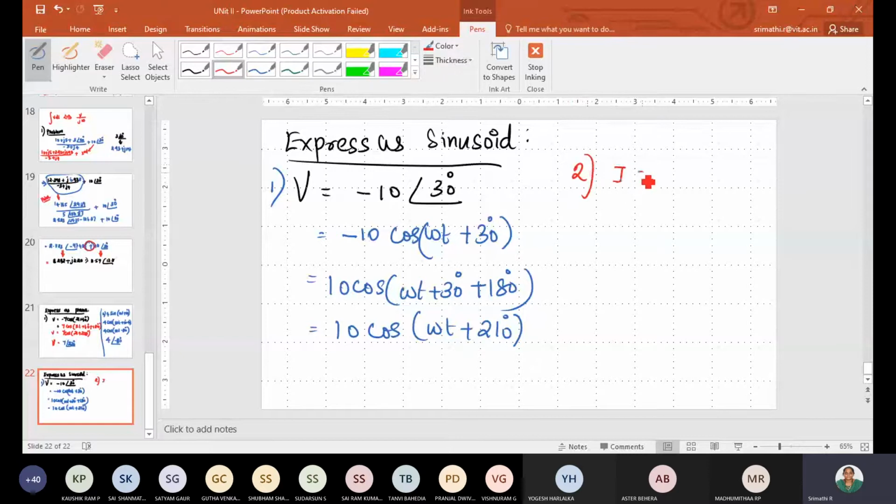The second one, I equals j(5 minus j12). Okay, first convert this into polar form. Tell me the answers.